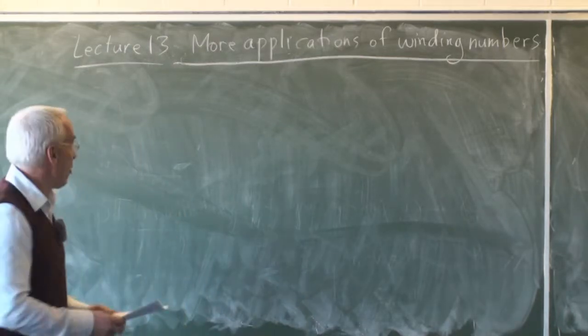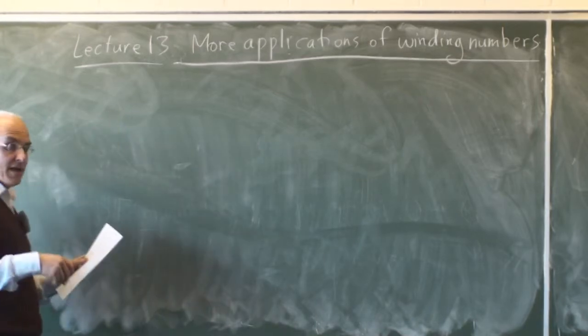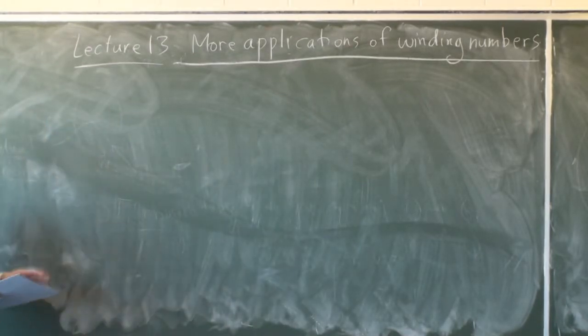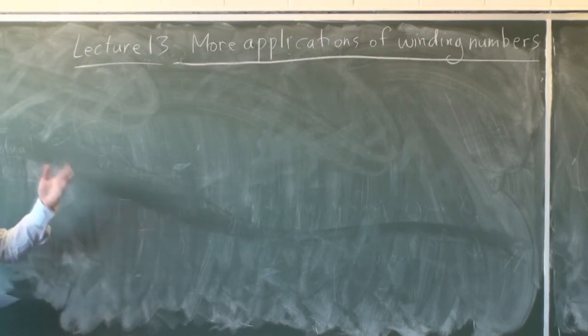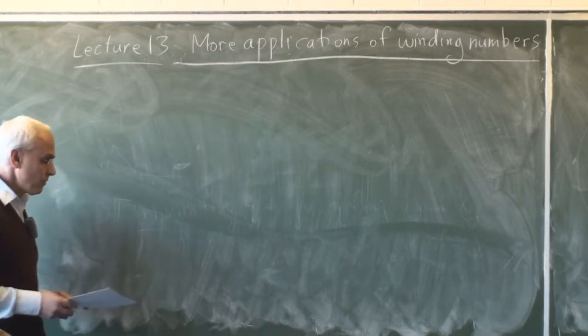So today we're going to start by defining the notion of degree, and then we're going to look at a number of interesting classical theorems in planar topology that come about from applying the idea of winding number and degree of a curve.